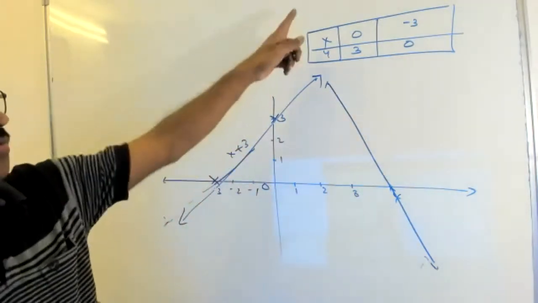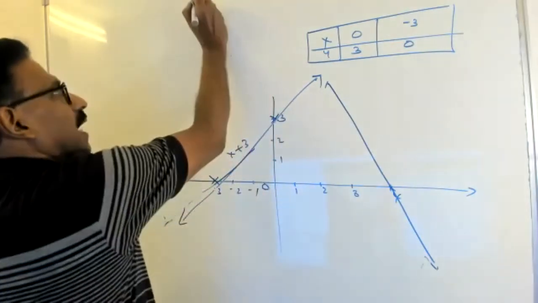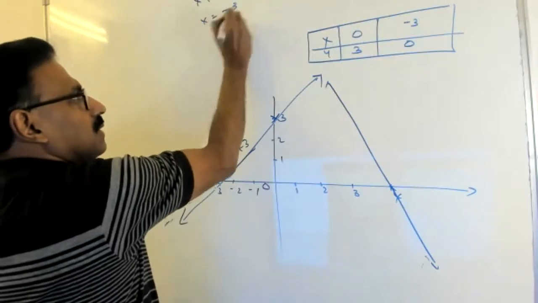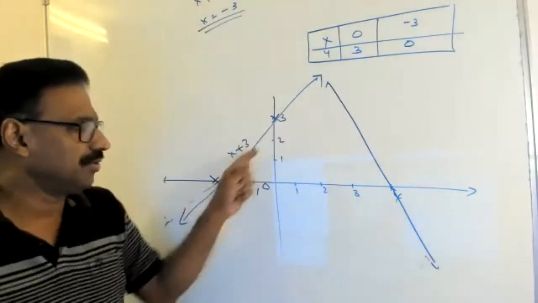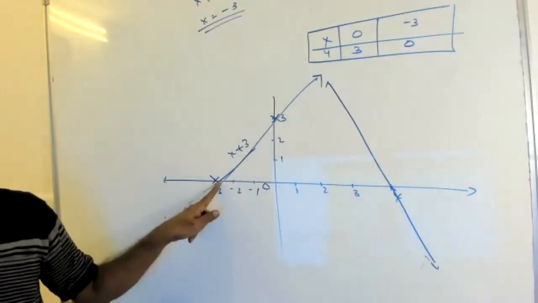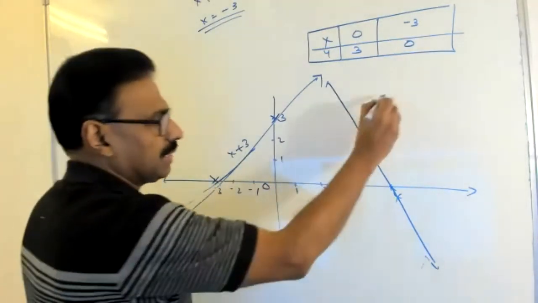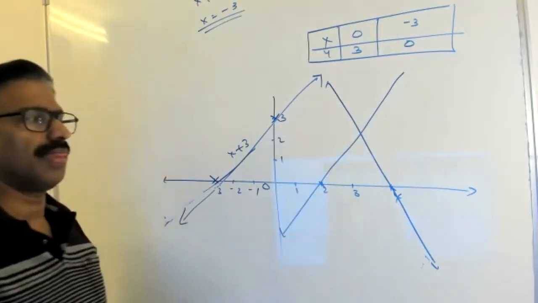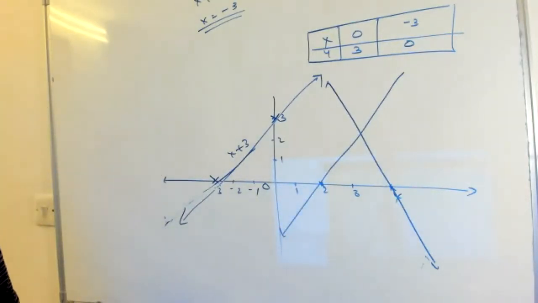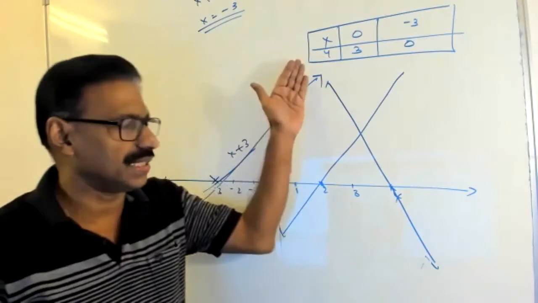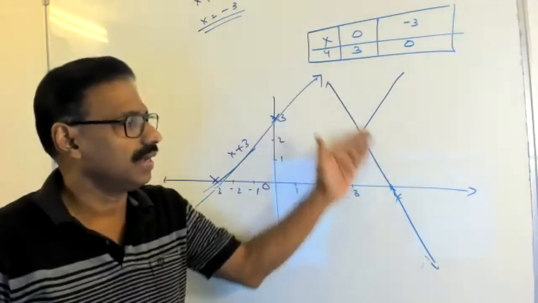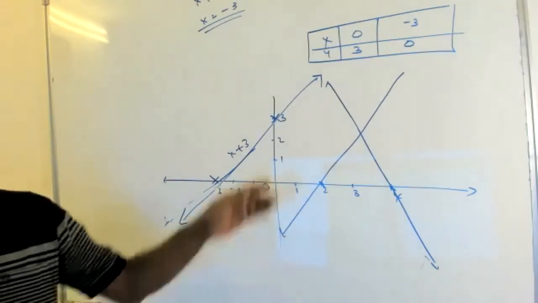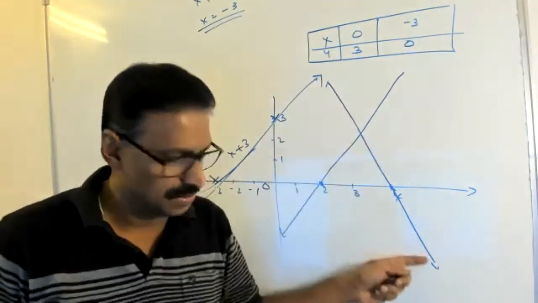Look, we manually found x plus 3 equal to 0, x equal to minus 3. This is called 0. And graphically, we found the graph is passing through minus 3. If the graph is passing through like this, then what is 0? 2. Now my question: this line, how many zeros? 1.